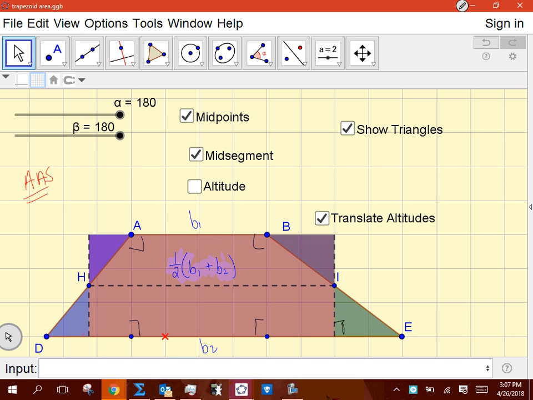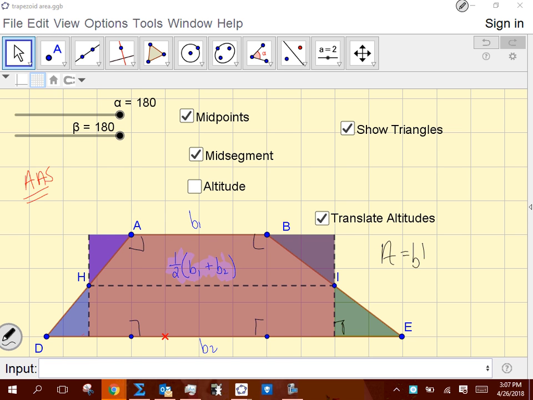So what is the area formula for this purple rectangle? Base times height. Base times altitude, right? Now my altitude was that distance there, and I'm still going to call that h. So in finding the area of this purple rectangle, it's still h. But what is the base?